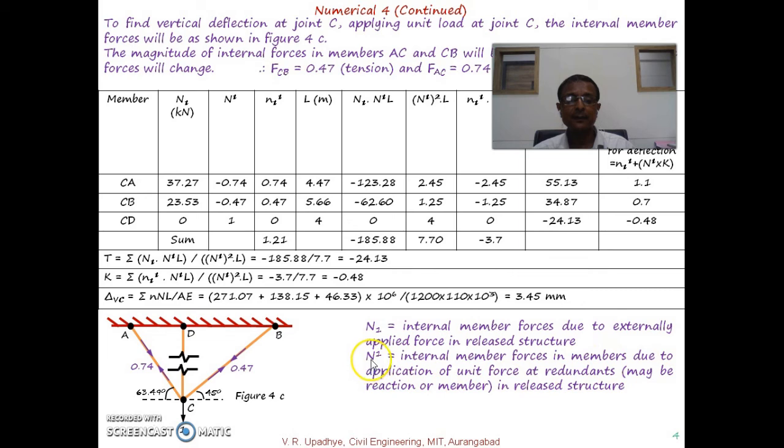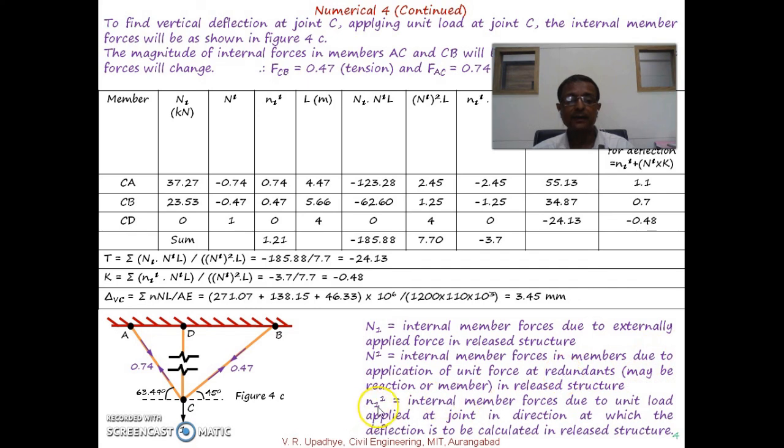Similarly, capital N dash in the third column gives internal member forces in members due to application of a unit load or unit force at the redundant. It may be a reaction or it may be a member in a released or basic determinate structure.